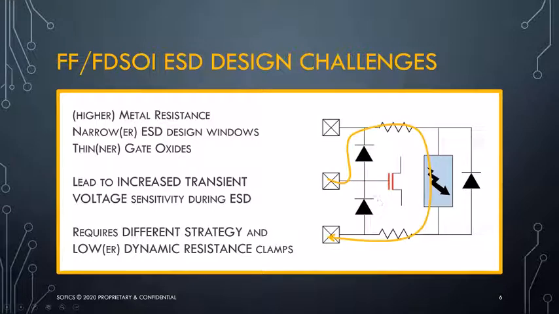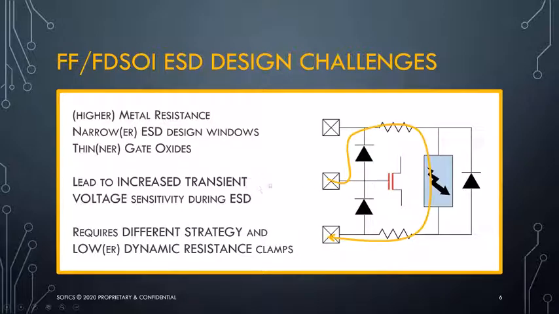The ESD current is diverted from the sensitive node through a diode, metal resistance, power clamp, metal resistance, and out of the chip, with already knowing that those metal resistances are higher and the intrinsic sensitivity of these sensitive nodes is higher. Basically, we have much thinner gate oxides here.